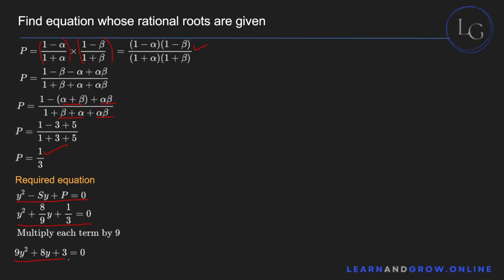This is the final quadratic equation of the roots that were given to us, which are (1 minus alpha) over (1 plus alpha), and (1 minus beta) over (1 plus beta). So you solve the question.